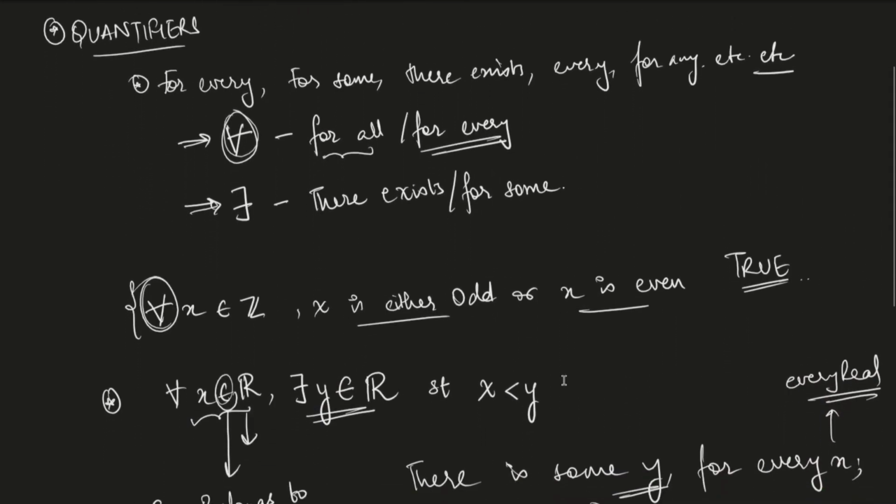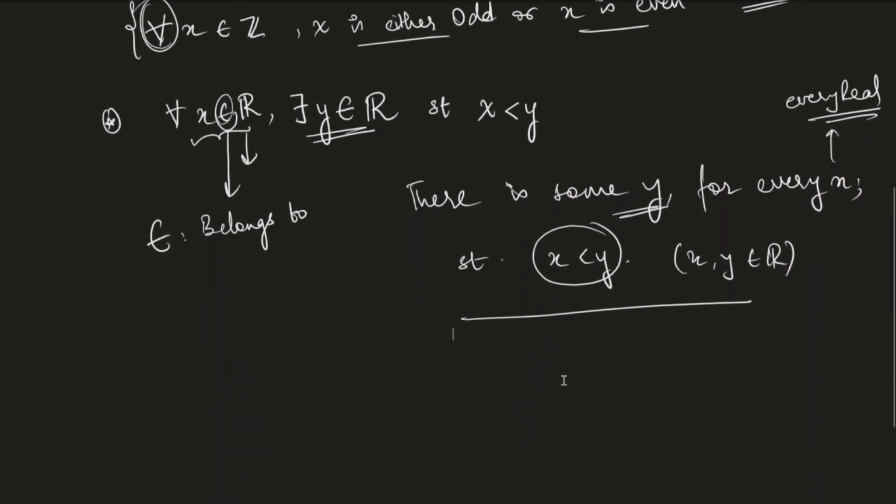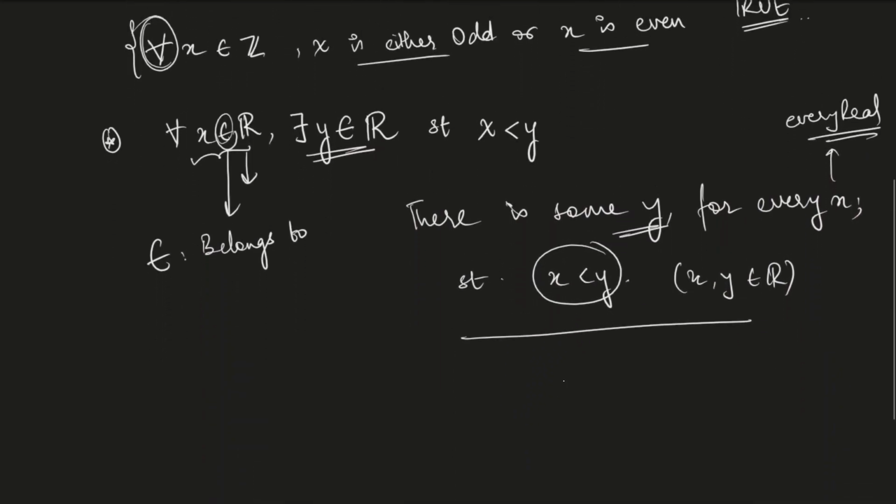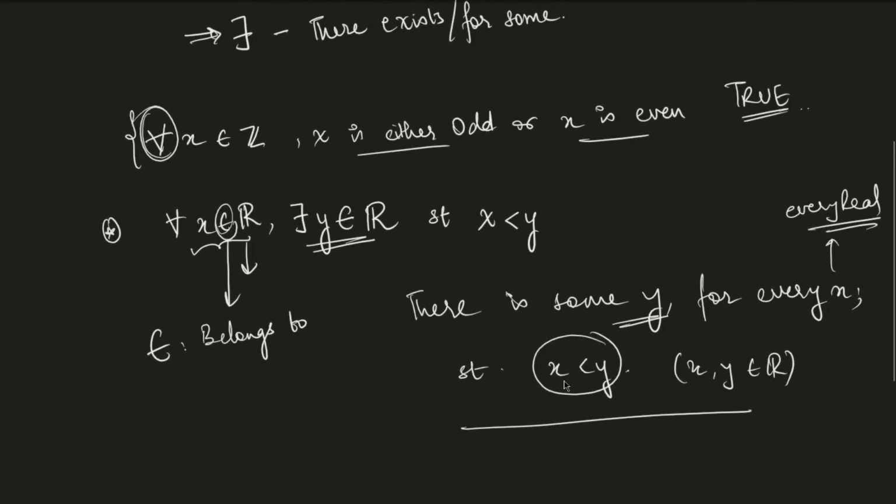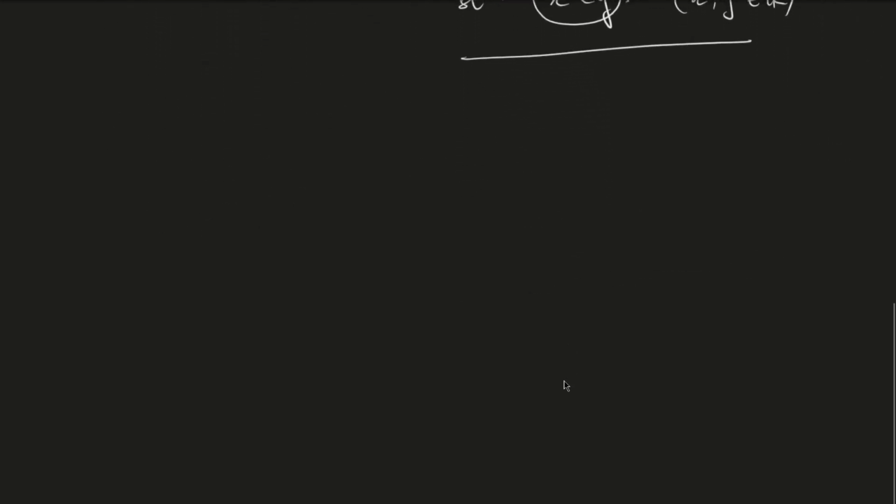The other type of symbols we have are called connectives. If you look at this statement here, there's an or here. Now this is a connective. What are connectives then? Let's start with some examples.